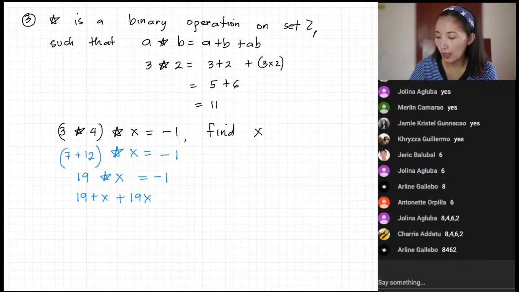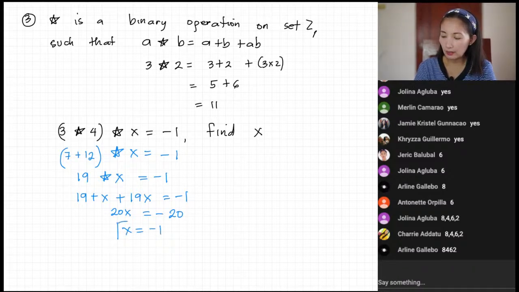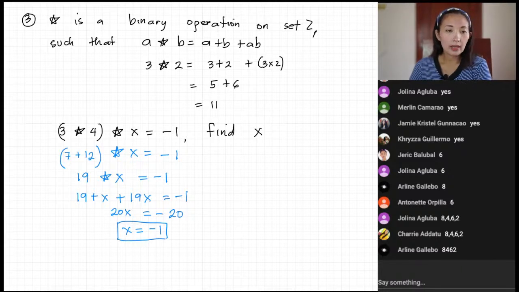Okay? Equals negative 1. Combining like terms, x and 19x is 20x. Okay? Equals negative 20. So what is x then? X is equal to negative 1. Okay, that's it. X is equal to negative 1.